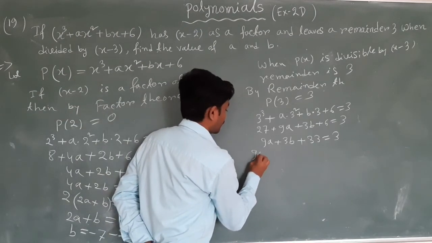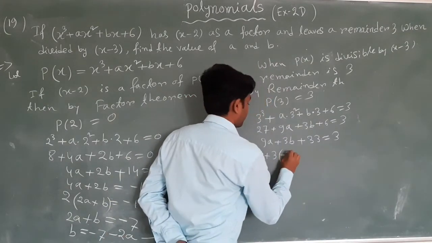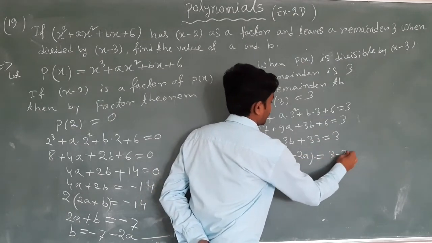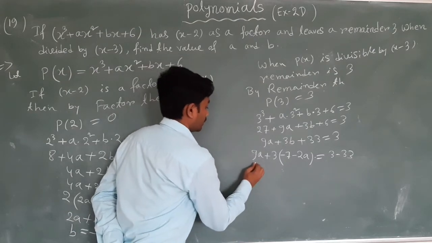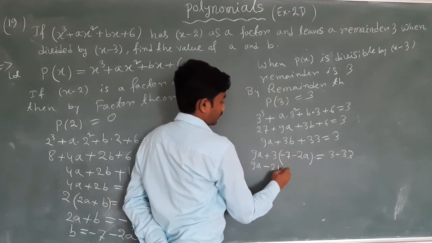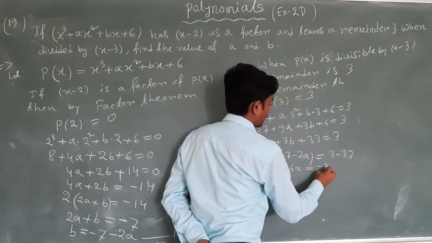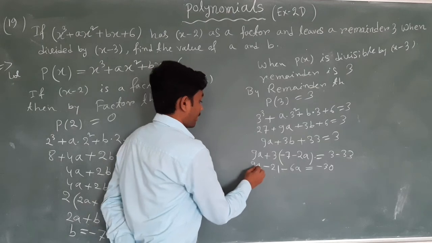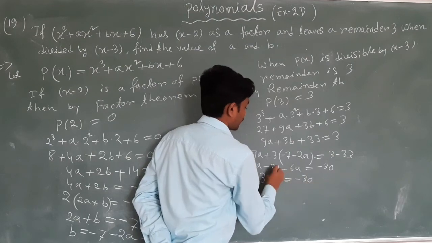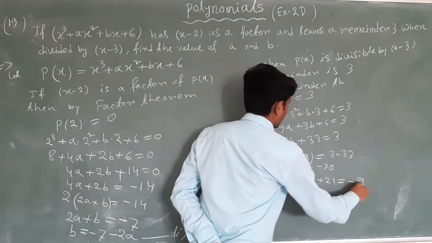So 9a plus 3 into (minus 7 minus 2a) is equal to 3 minus 33. 9a minus 21 minus 6a is equal to minus 30. 9a minus 6a, 3a is equal to minus 30 plus 21 is equal to minus 9.